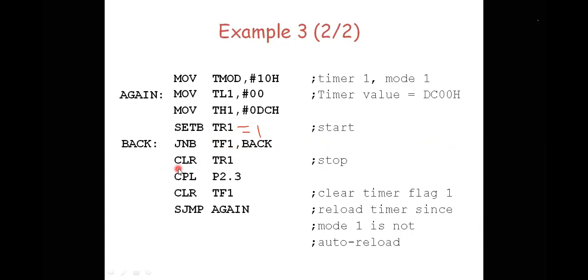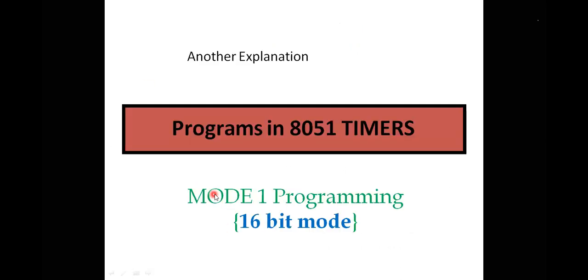Next, you have to stop the timer and complement P2.3. When you are complementing, you are getting a square wave. Clear the timer overflow flag, then jump again so it repeats.